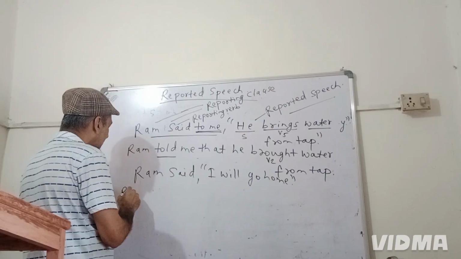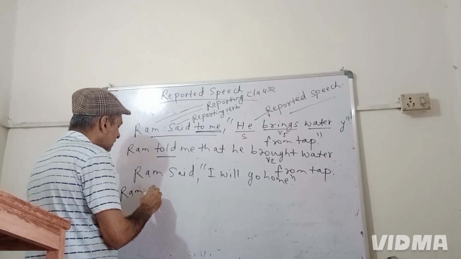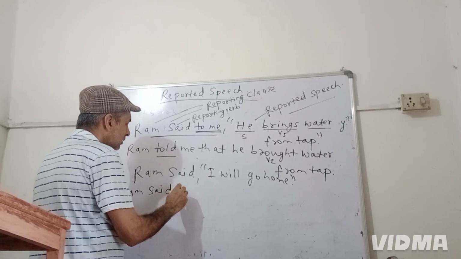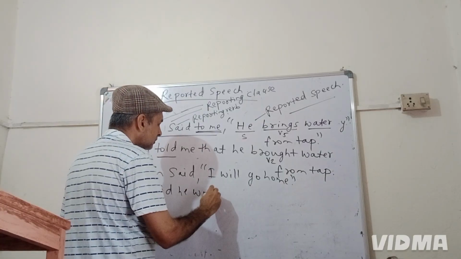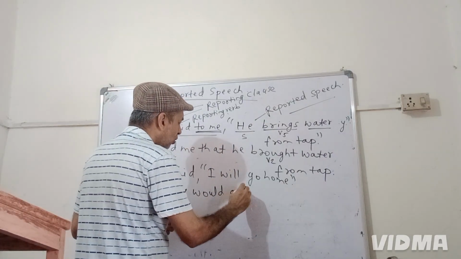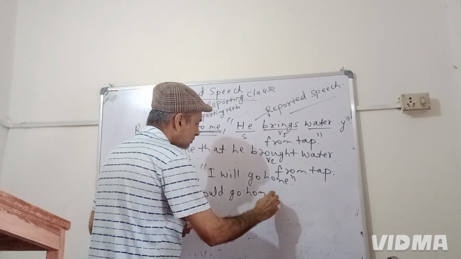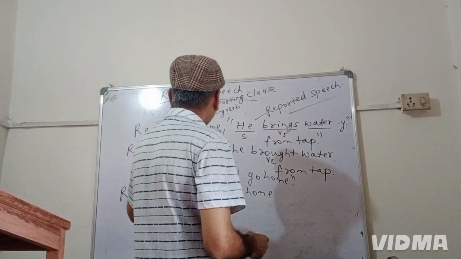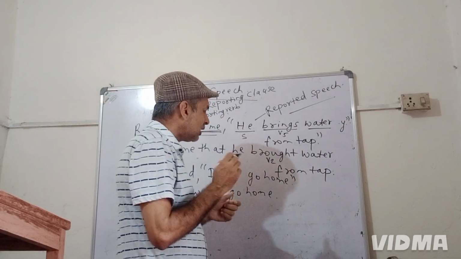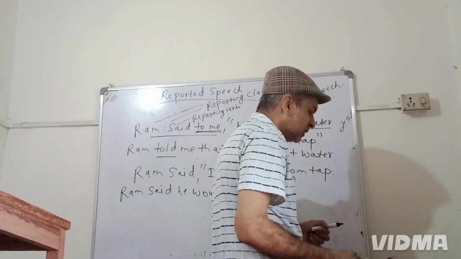Then it is directly written as Ram said he would go home. Now, I will also tell you how this I is changed into he. I will also tell you something about this rule.